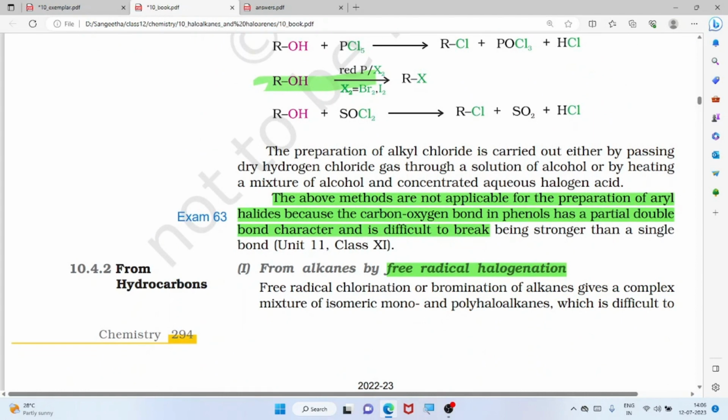The above method is not used for preparation of haloalkane because the carbon-oxygen bond in phenols has partial double bond character and is difficult to break.